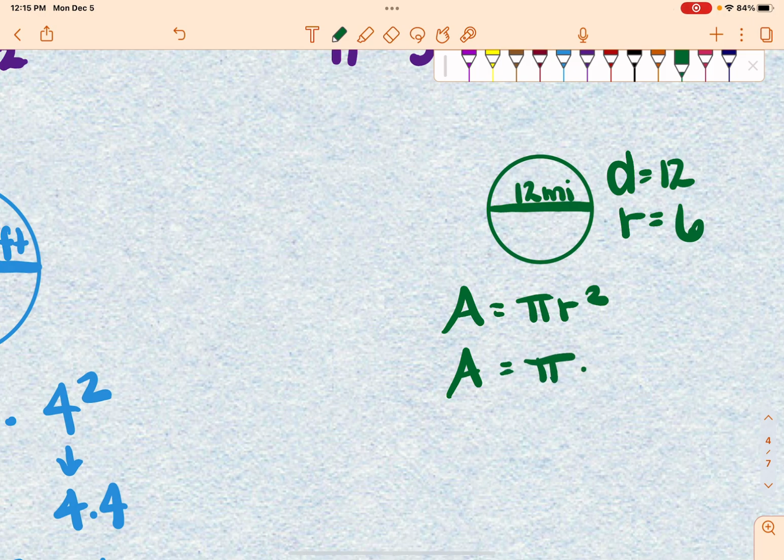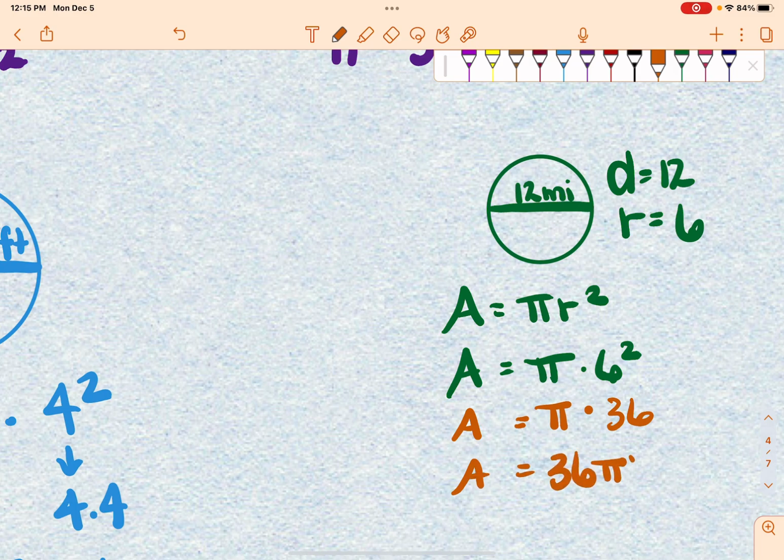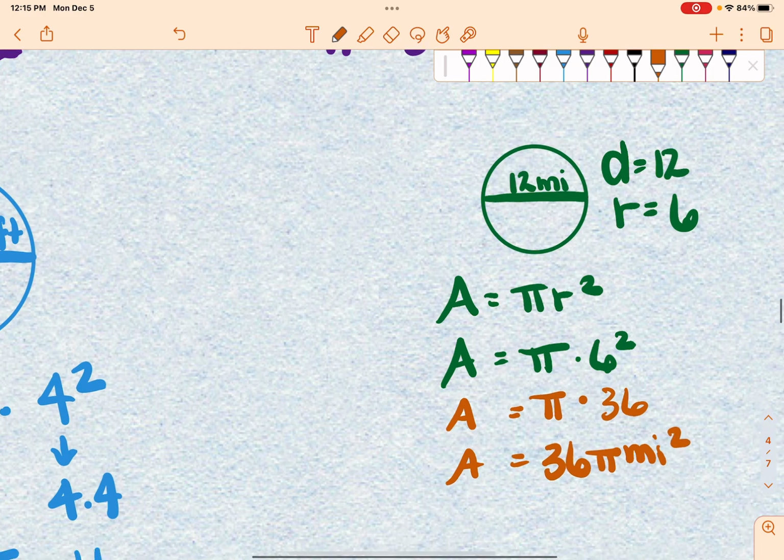So pi times 6 squared. If I did 6 squared, 6 times 6 would be 36. So you could leave it as 36 pi miles squared.